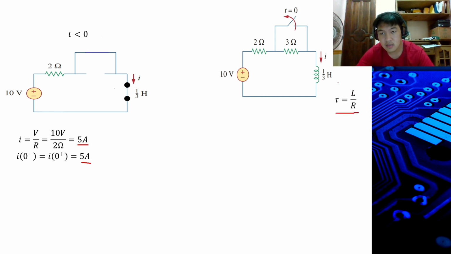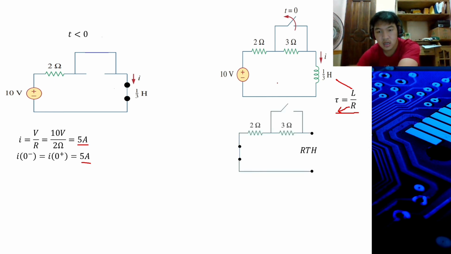L is given, so what we need to find is R, using R Thevenin. The switch is open, the inductor is removed, and the 10 volt voltage source is shorted. Then the 2 ohms and 3 ohms are in parallel.